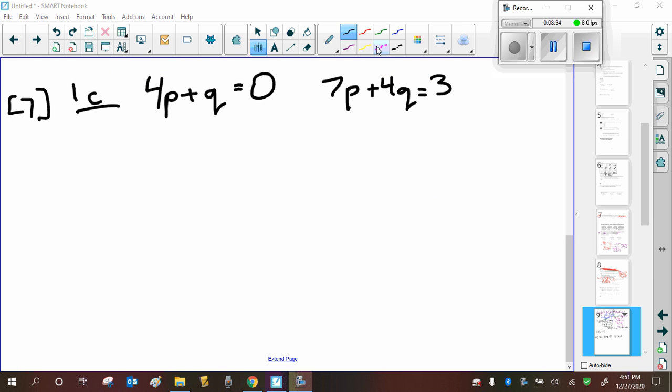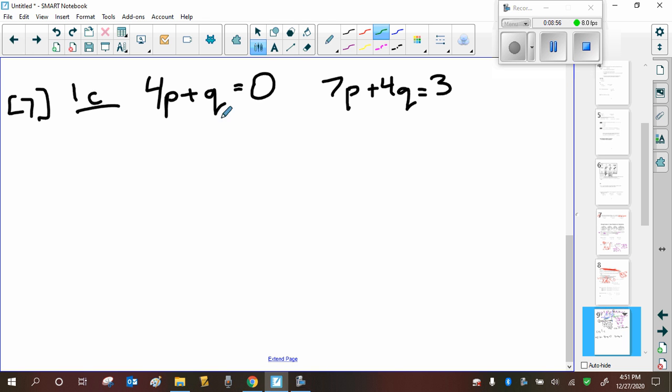Okay, let's see how you did. And 4P, 7P, 4Q, don't care about any of those. Anything with numerical coefficients or number parts on the term, that's not what we're going to use for substitution. We're going to solve for x or y, or in this case p or q.